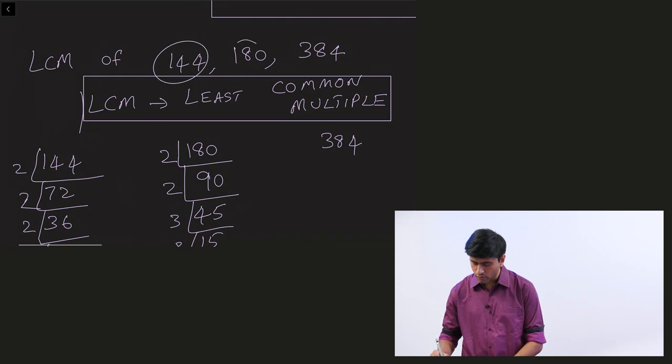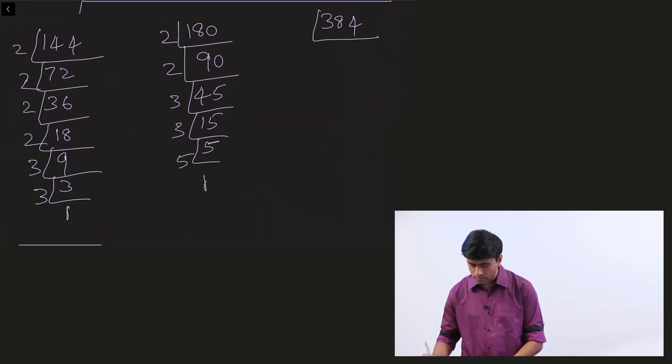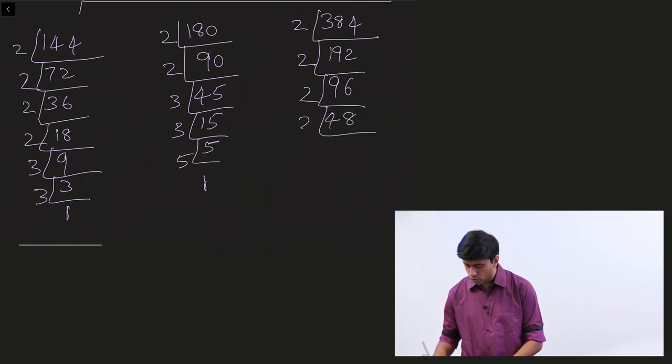We finished 144 and 180, now we're doing 384. 384: 2 192s are, 2 96, 2 48, 2 24, 2 12, 2 6, 2 3, 3 1s are.